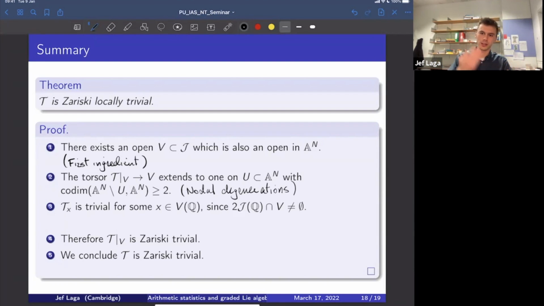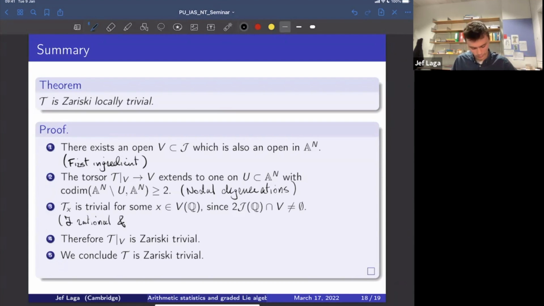So we only need to prove that above 1 point, the torsor is trivial. And here you can apply a very funny trick. So it's true that there exists a point in V above which this torsor is trivial, because, well, this curly J is a rational variety. So its rational points are dense, for example. And it's an abelian scheme over some base.